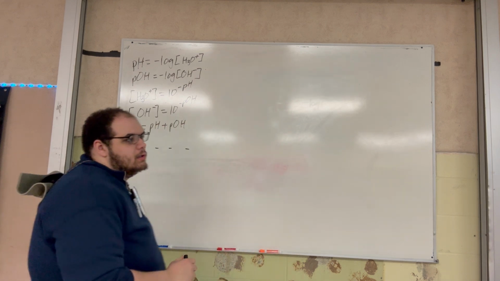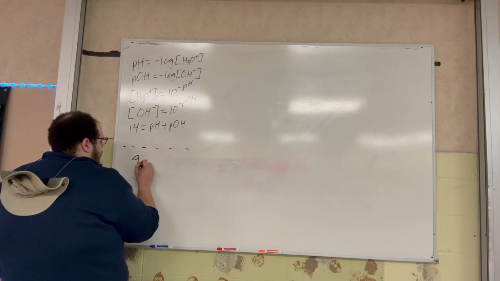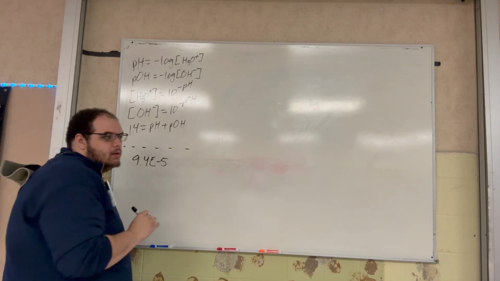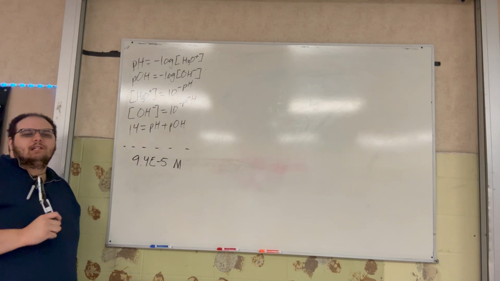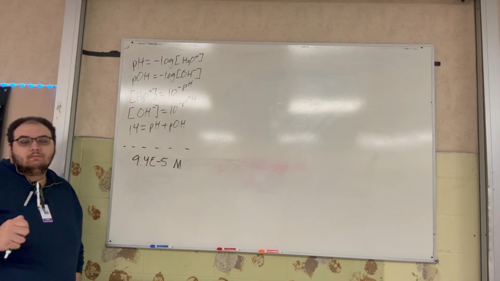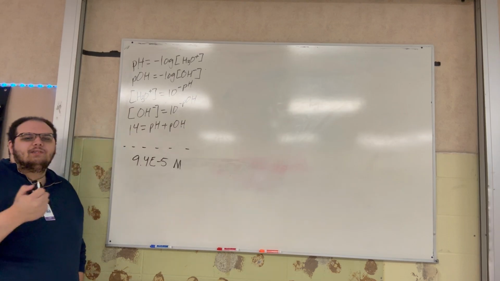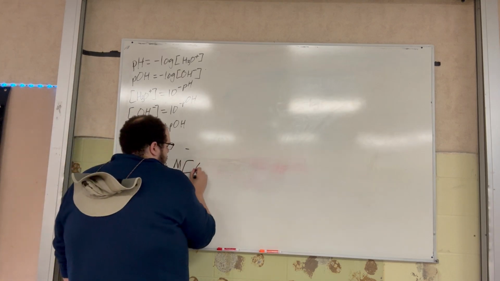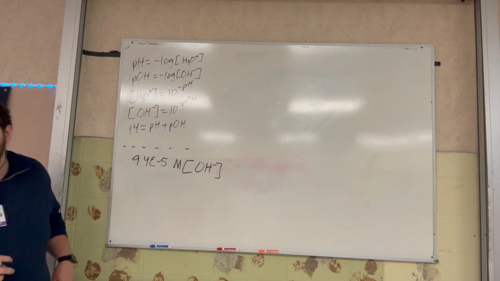What's my given? 9.4 E negative 5. E negative 5 what? Always molar. Molar of what? Do we have a concentration of hydronium or a concentration of hydroxide? Hydroxide, because look at the compound it's talking about. It's talking about sodium hydroxide. It's in the name. So we have concentration of hydroxide.